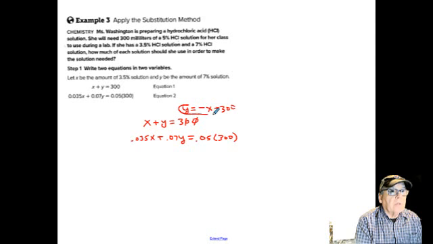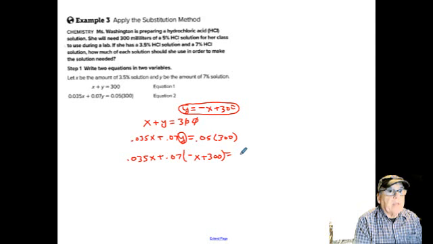So that's what I get from the first equation, and that's going to get substituted into the second equation in place of the y. So we have 0.035x plus 0.07 times y, but y is minus x plus 300, and that's got to equal 0.05 times 300.